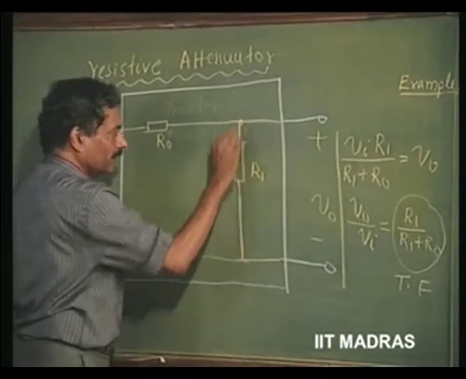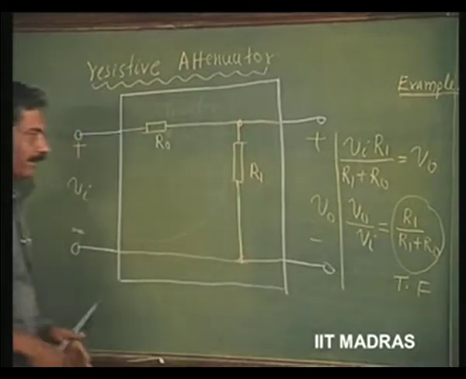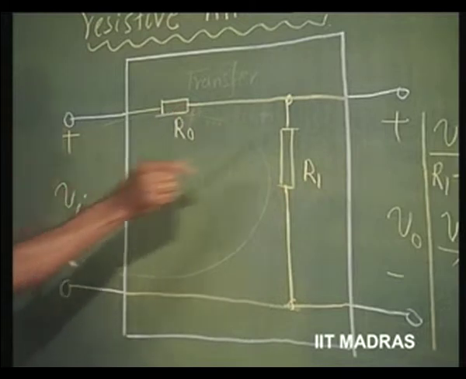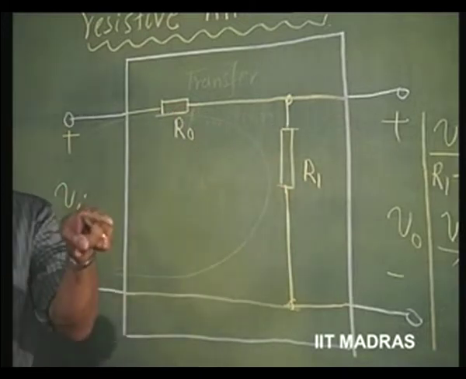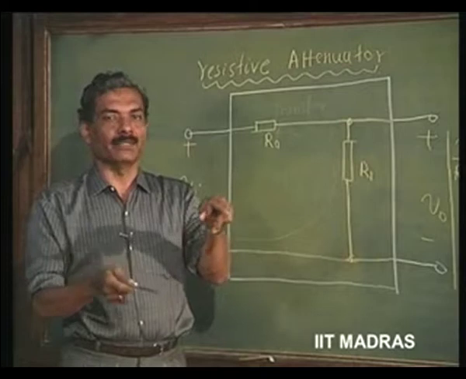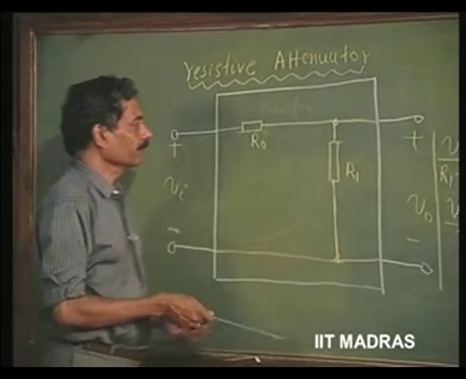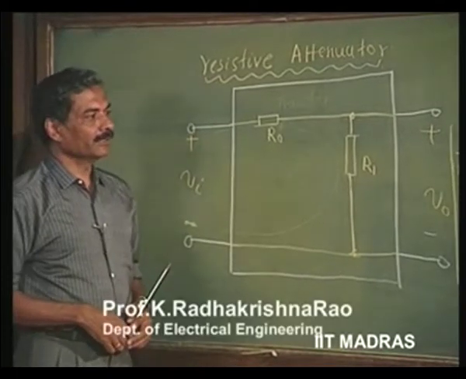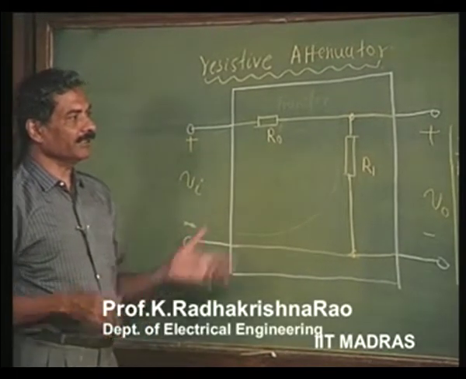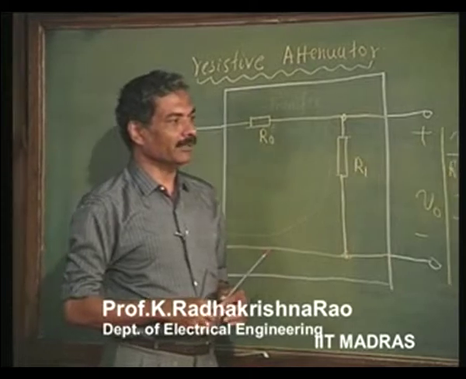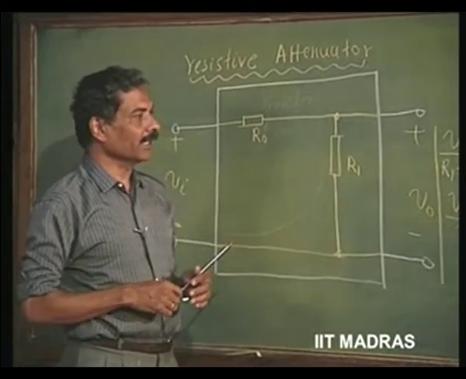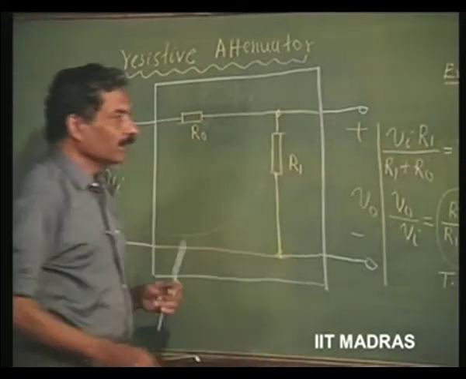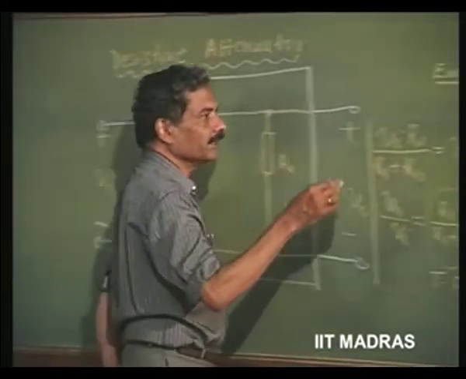When I want a very high voltage to be measured, I would like to put an attenuator and reduce it so that the equipment utilizing this voltage does not get damaged. Now, I want to modify this resistive attenuator in such a manner that the attenuation factor changes depending upon the voltages and currents that I want. That is a nonlinear transfer function synthesis.